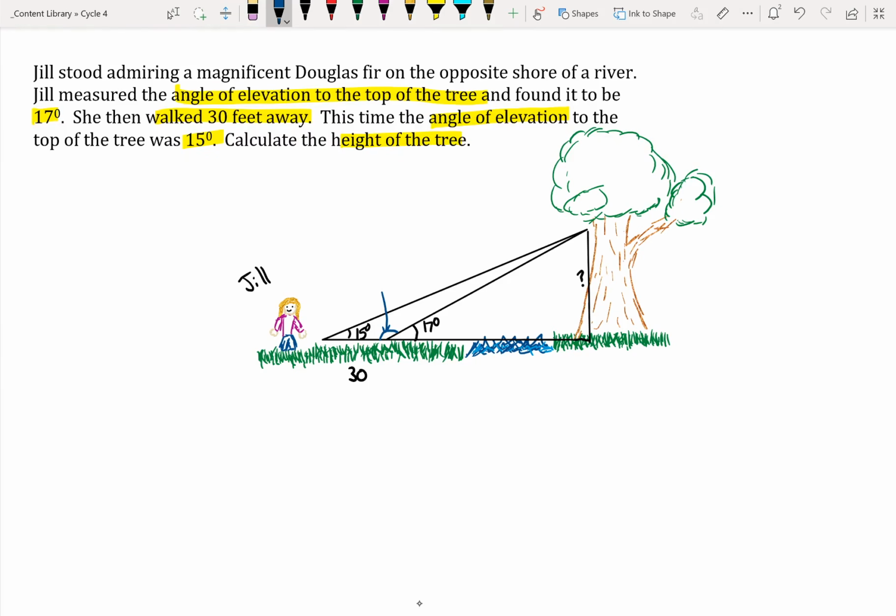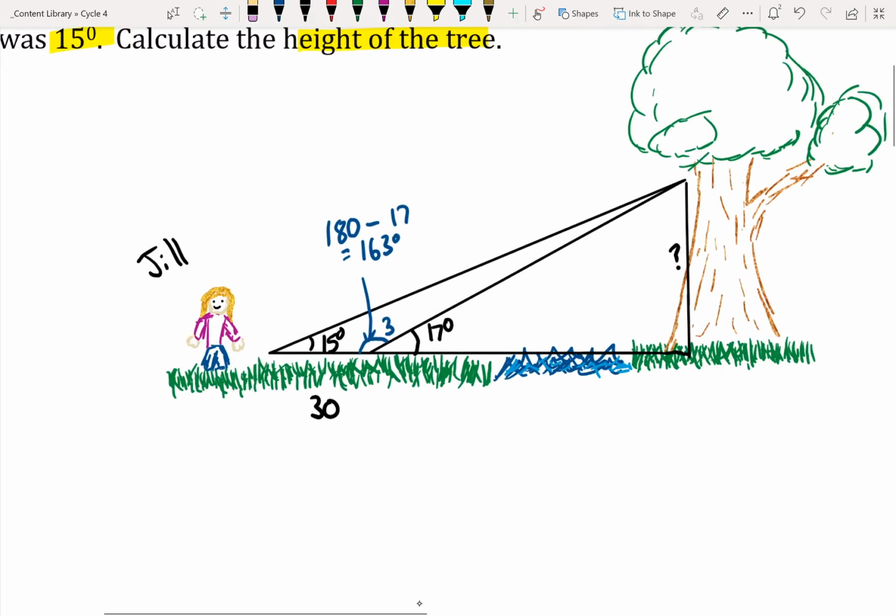This goes back to grade 9, but the two angles here form a straight line, or 180 degrees. So 180 minus 17 degrees gives 163 degrees, which is what this angle is. So this angle right here is 163 degrees.